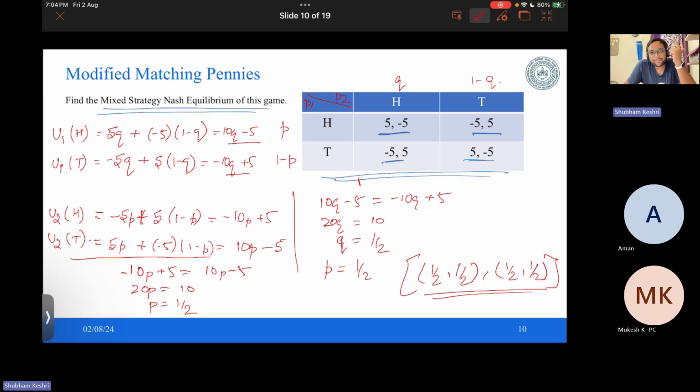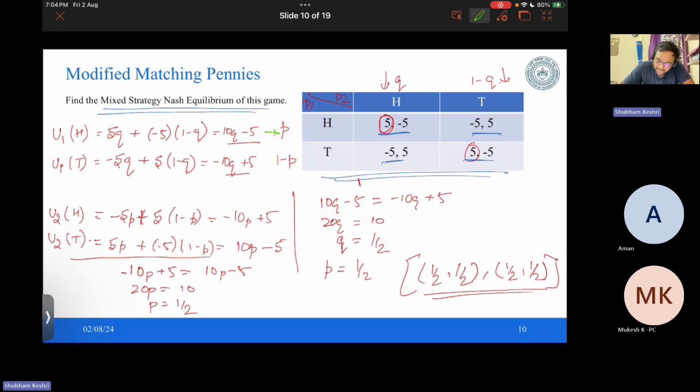Let us see if there is a pure strategy Nash equilibrium in this game or not. If player 2 is playing head, what is the utility of player 1? It is 5 when he plays head, minus 5 when he plays tails. So this is his best response. When player 2 plays tail, this is his best response. You can quickly check.